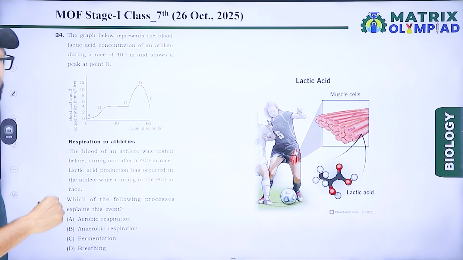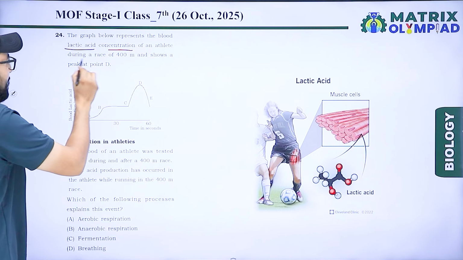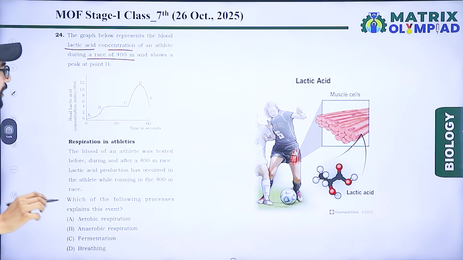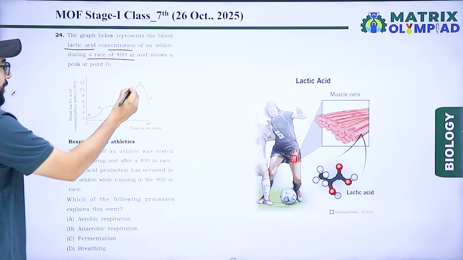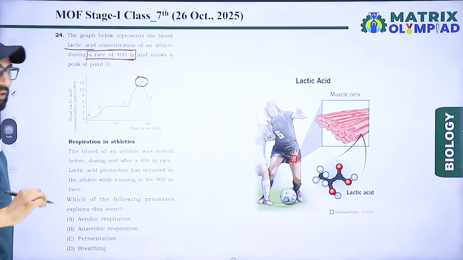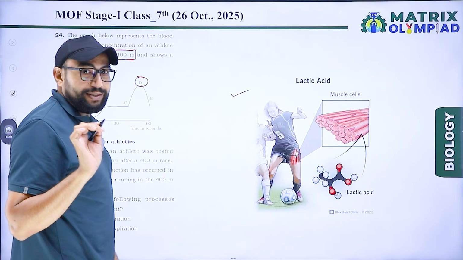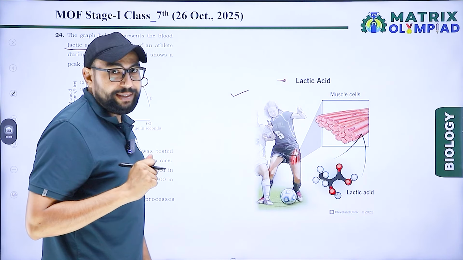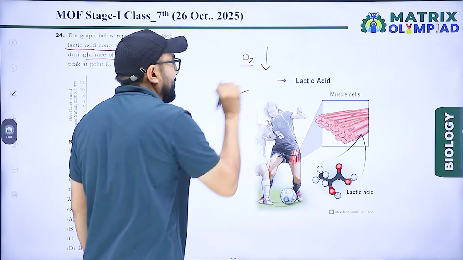The graph below represents the blood lactic acid concentration of an athlete during a 400 meter race and shows a peak at point D. During heavy running exercise, lactic acid forms in our muscles because the oxygen level goes down during the exercise.